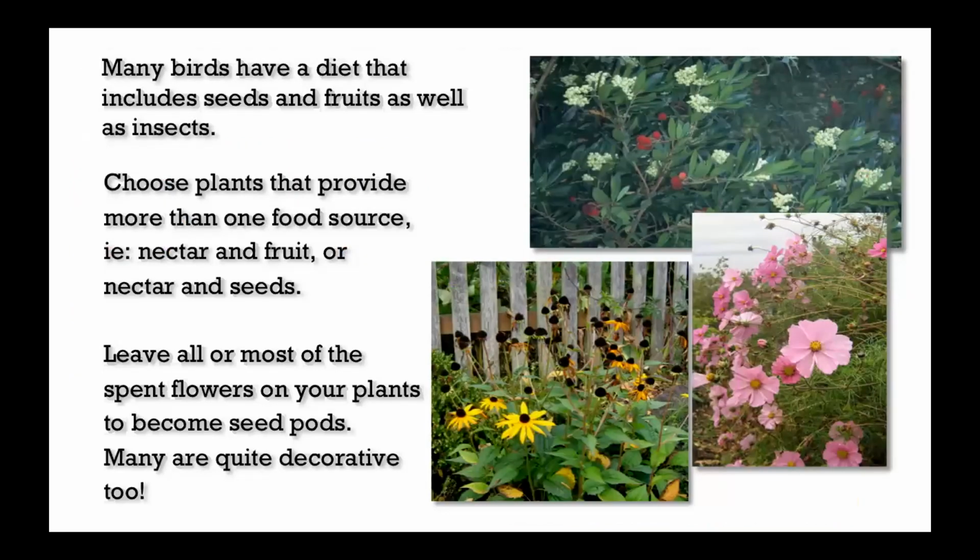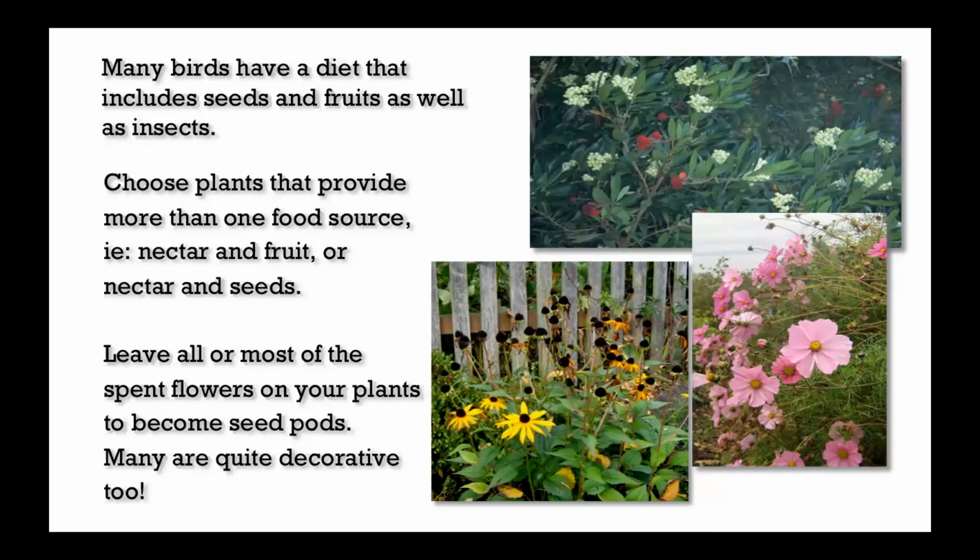And thinking about when you're adding plants, many birds have a diet that includes seeds and fruit and insects. So birds will change. Robins are one of the birds that eat primarily fruit in the late summer and fall when the soil is dried out and there's not as many worms.